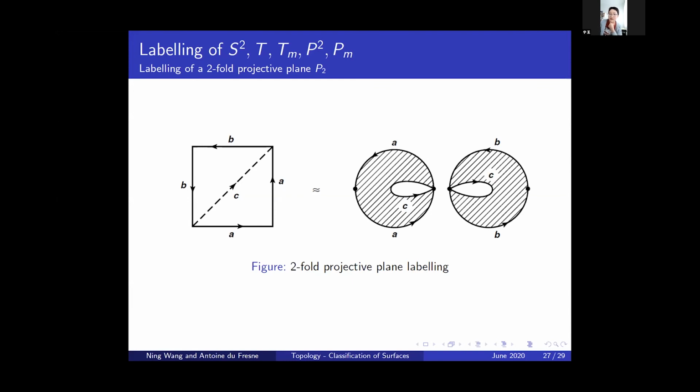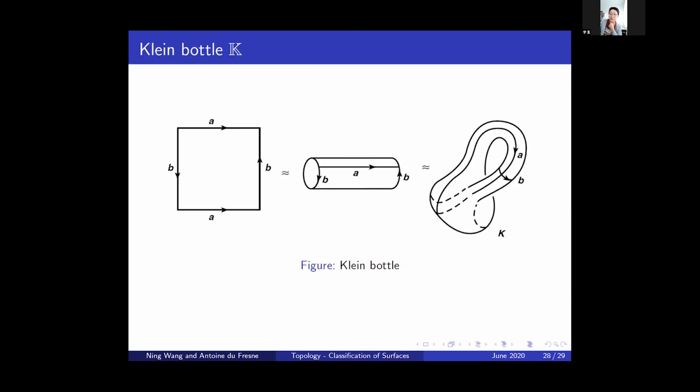An example of a twofold projective plane is the Klein bottle, which is homeomorphic to the twofold projective plane. The Klein bottle is the space obtained from a unit square by means of the labeling scheme A-1, B, A, and B. The figure indicates how it can be represented as a surface in R3.